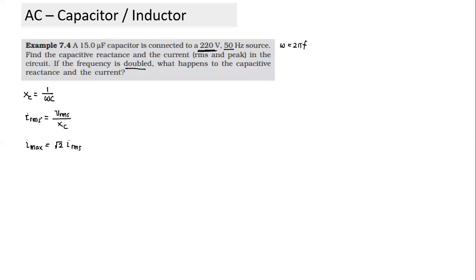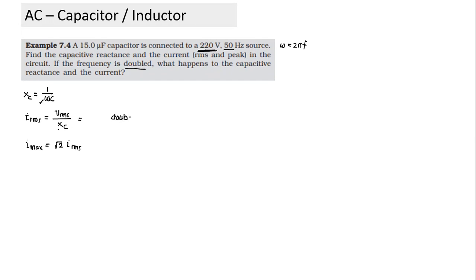If XC becomes half, what will happen to RMS current? See, if frequency gets doubled, omega is double. If omega becomes double, XC becomes half. If XC becomes half, IRMS also becomes double.